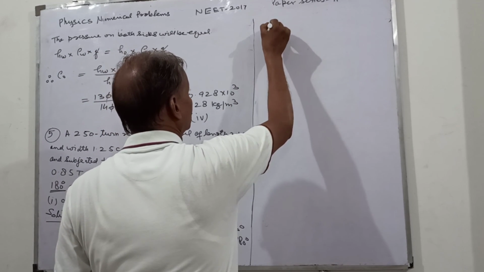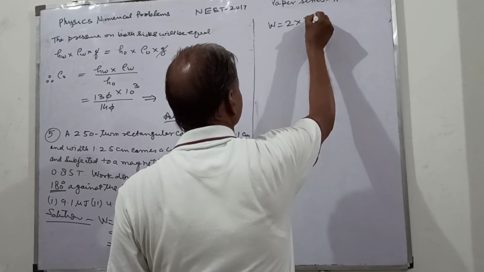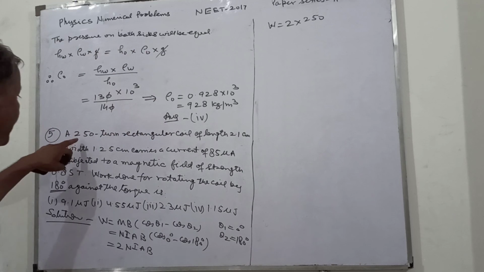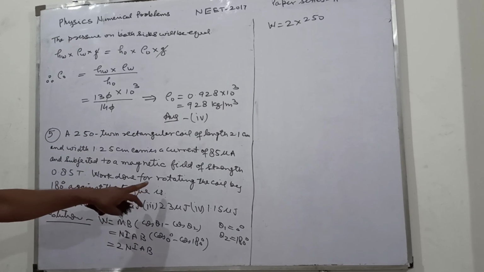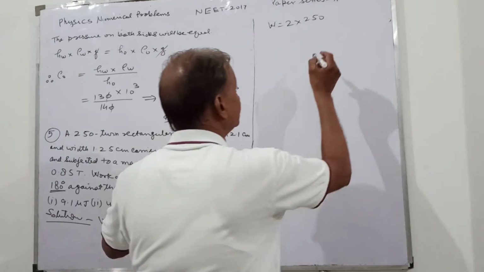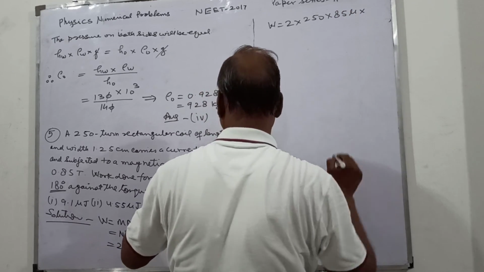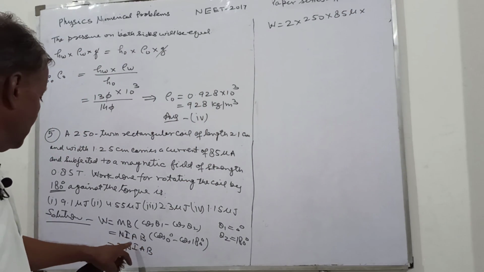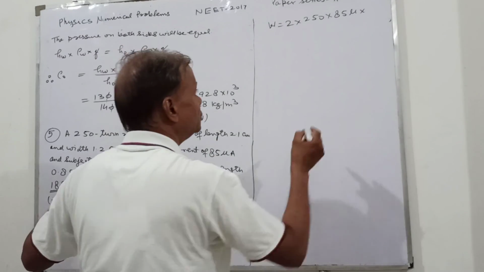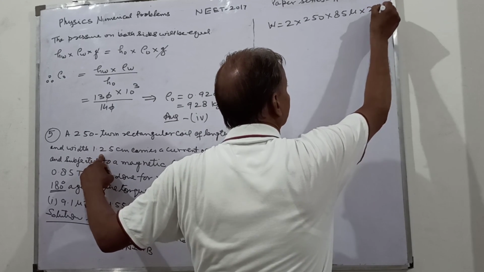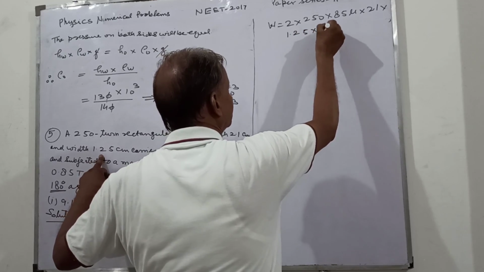So this W is equal to 2, N is given to be 250 turns. I, the current, is 85 microampere, into A, the area, the length into the width. So this is your 2.1 into 1.25 into 10 raised to the power minus 4.